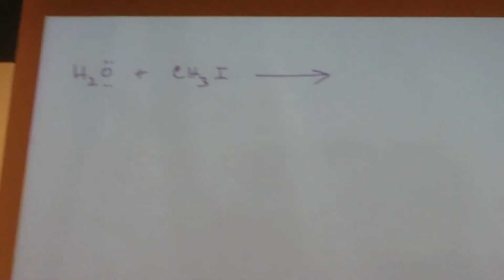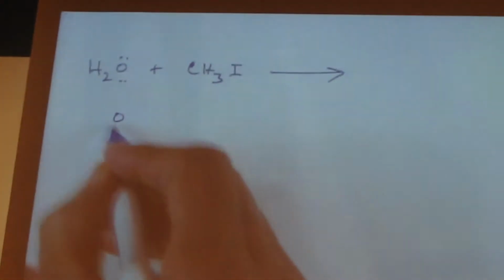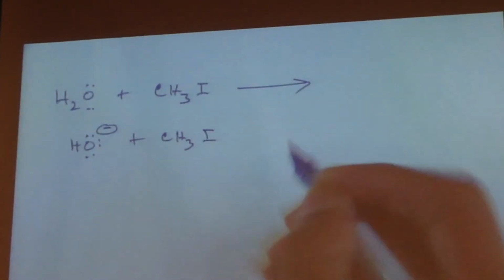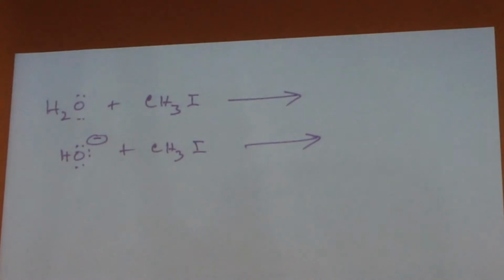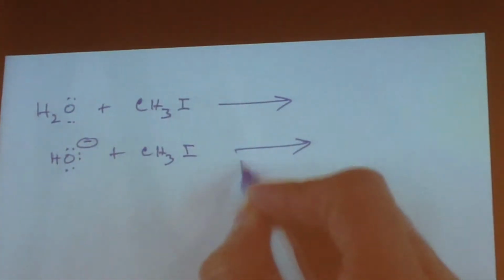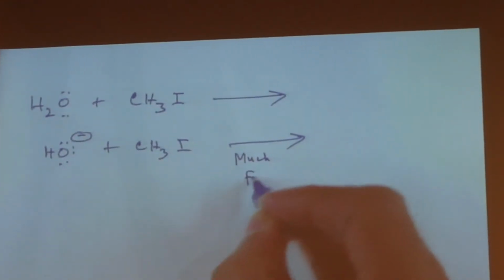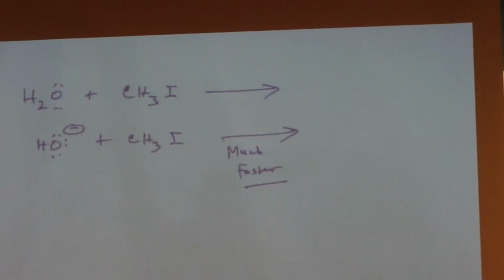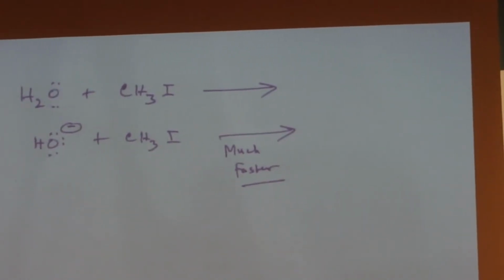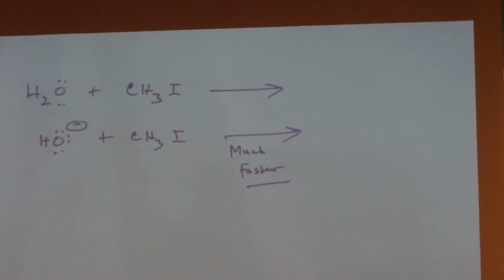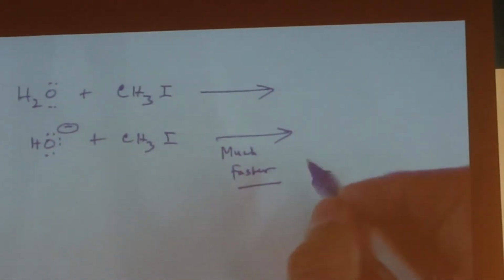So we can compare the two reactions. The second reaction is much, much faster. That, of course, relates to the high electron density on the oxygen in this one, so it can act as a much better nucleophile than water itself.